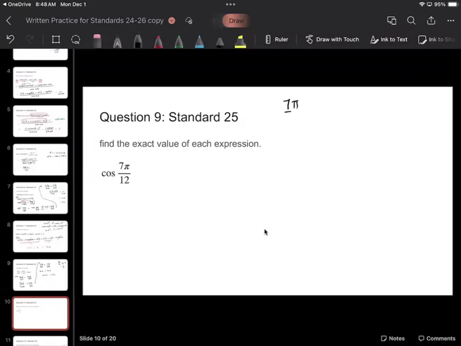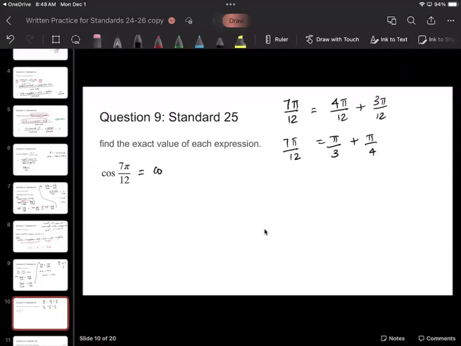What is 7 over 12? 7 over 12 is nothing but 4 over 12 plus 3 over 12, right? 4 plus 3 is 7. Now, if you simplify 4 over 12, you get 1/3. If you simplify 3 over 12, you get 1/4. So 7 pi over 12 is nothing but pi over 3 plus pi over 4.